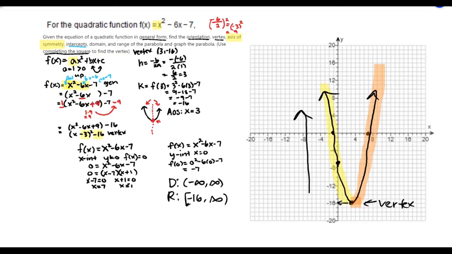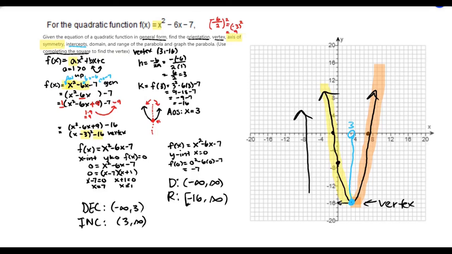And you can see that that dividing point is at the vertex. We're going to use the x-coordinate of the vertex to separate these two intervals. So we have a function that is decreasing on the interval from negative infinity to 3, and increasing on the interval from 3 to infinity.